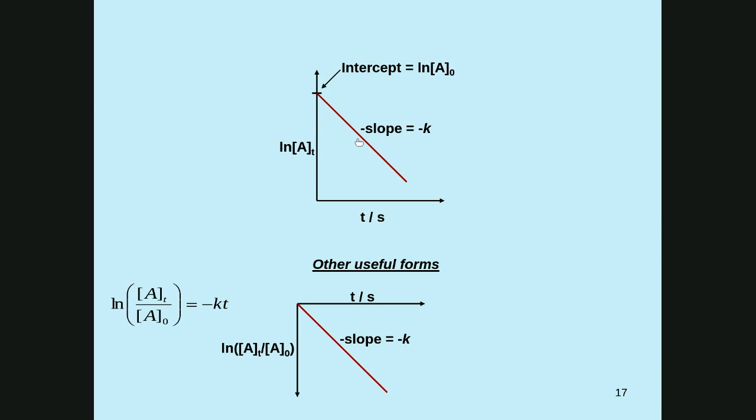So the rate constant can therefore be obtained by plotting a graph of ln A t versus t, and then evaluating the slope and put a minus in front of it, right? So that is how you process your data when you do an experiment on first order kinetics.